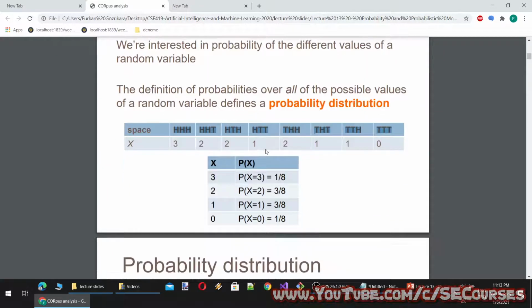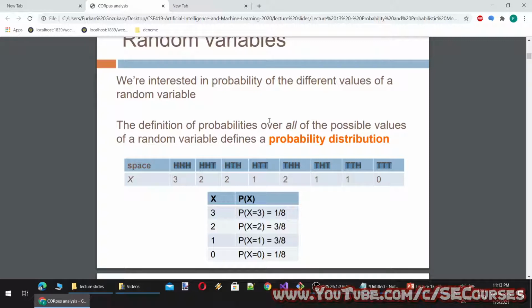When we flip a coin 3 times, our entire sample space is this: head, head, head, and so on through tail, tail, tail. Out of this sample space, the probability of x being 3 is 1 over 8, because we have 8 events and only one of them has x as 3.